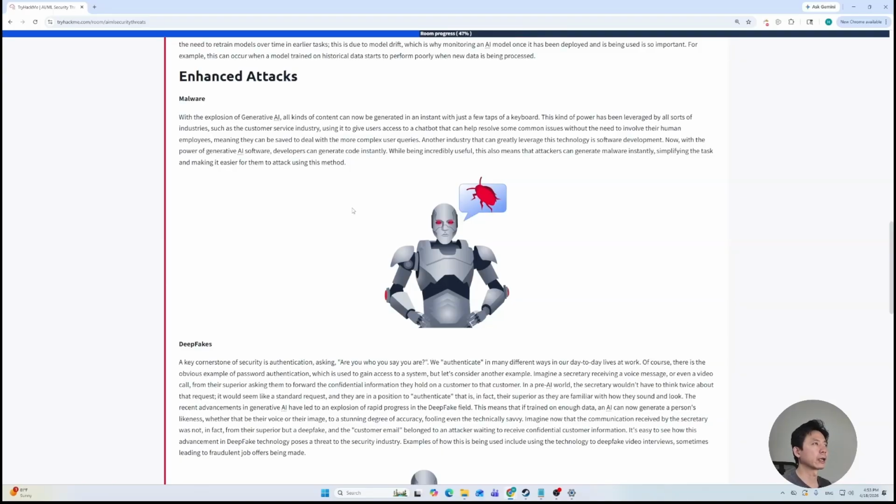Another industry that can greatly leverage this technology is software development. Now, with the power of generative AI, developers can generate code instantly, which is incredibly useful. This also means that attackers can generate malware instantly, simplifying the task and making it easier for them to attack using this method.